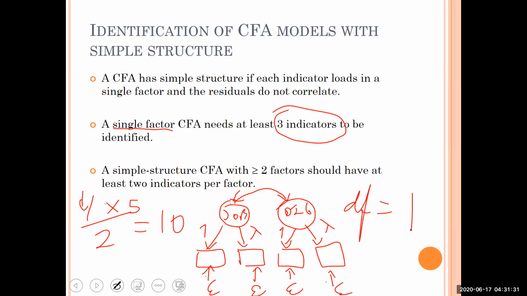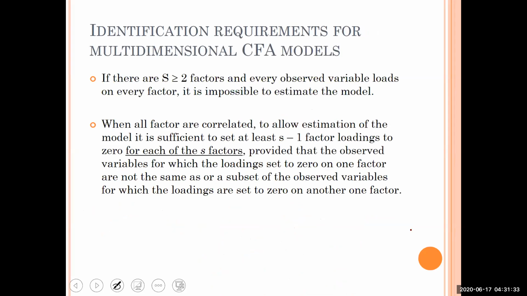Okay, so if you have more than two factors, but if you have items that load on more than one factor, it gets more complicated. So let's say you have a situation like this.